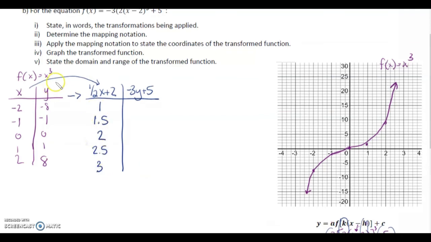Okay, easy. Then the y's, multiply all the y's by negative 3 and then add 5. So I get 29, 11, 5, 2, negative 19.